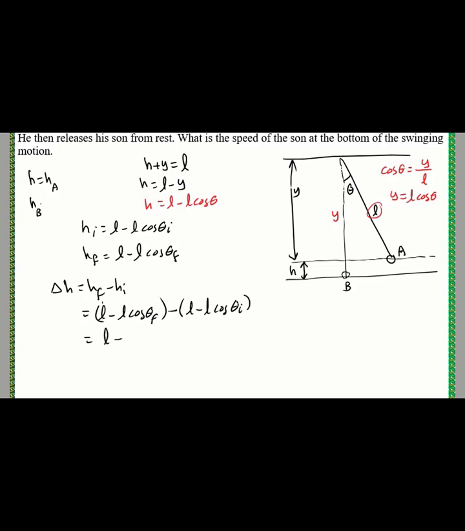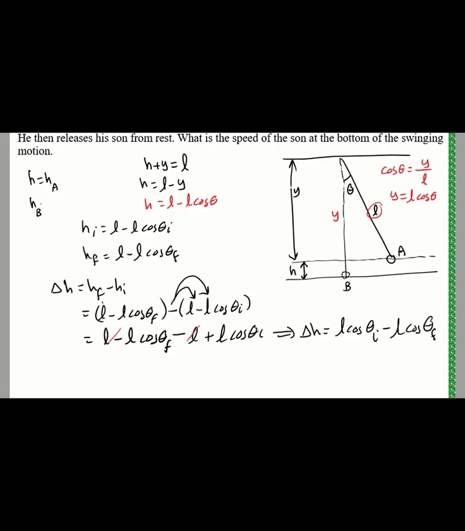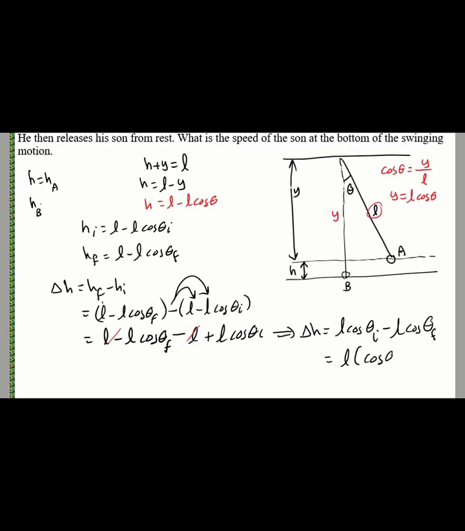Distribute the minus sign here and here. Now you can cancel L with minus L and rearrange your equation to find that delta h equals L cosine theta initial minus L cosine theta final, which is L times cosine theta initial minus cosine theta final.